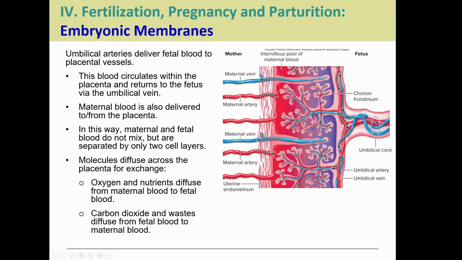It's backwards from what we're used to, but that makes sense because we're not using the lungs to oxygenate. We're using mom's blood and the placenta to oxygenate. Umbilical arteries run away from the fetus into the placenta. Umbilical veins, which have already been oxygenated, run back from the placenta to the fetus towards the heart.